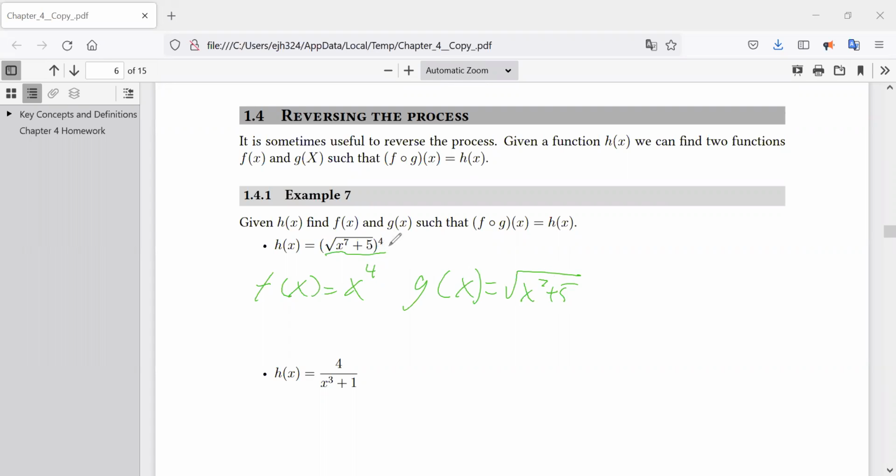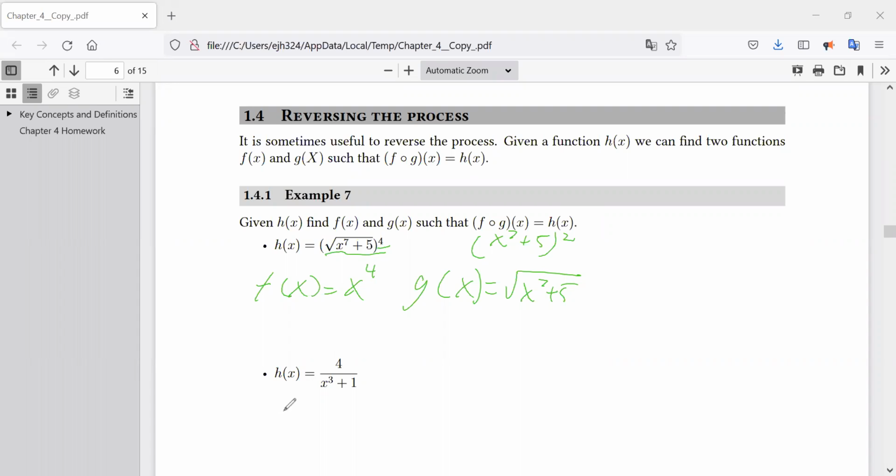Especially considering that we didn't distribute this to the square root, because you could have simplified this to get x to the 7th plus 5 all squared. But considering we didn't simplify it that way, this is by far the most natural way of doing it. There are other ways we can do it if you feel so inclined, but this is the most natural.